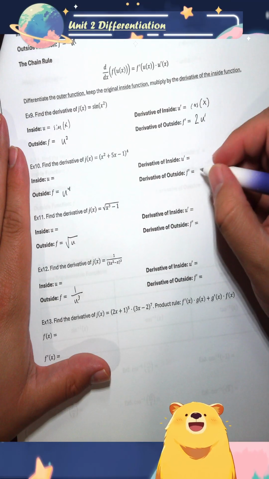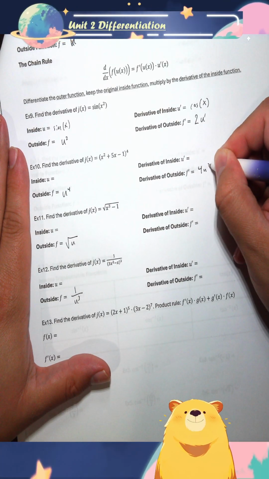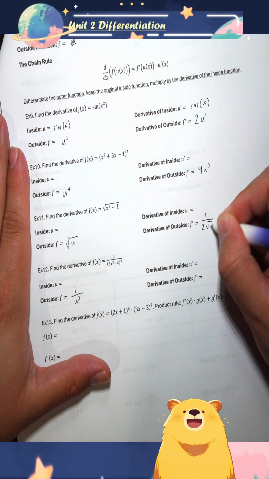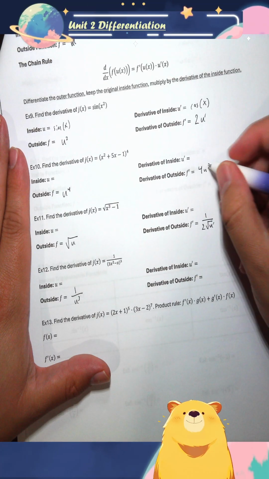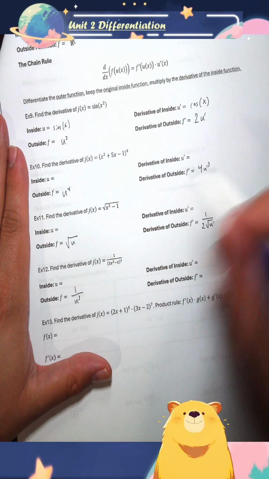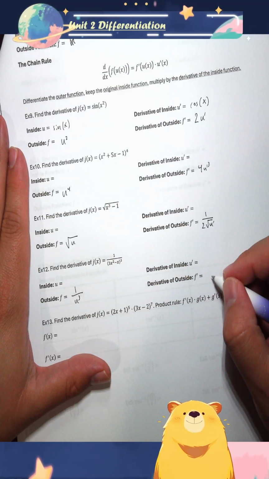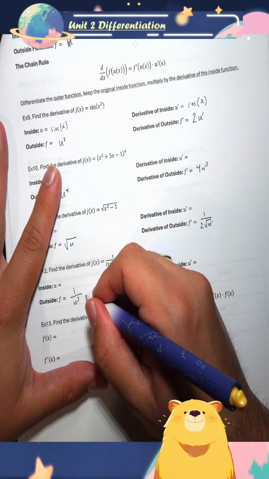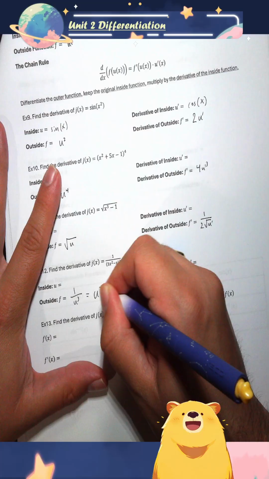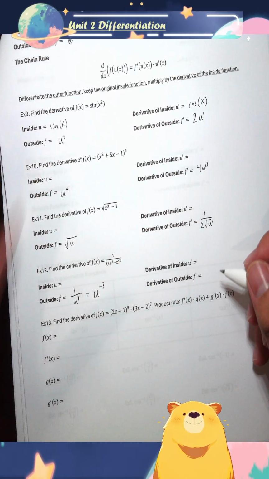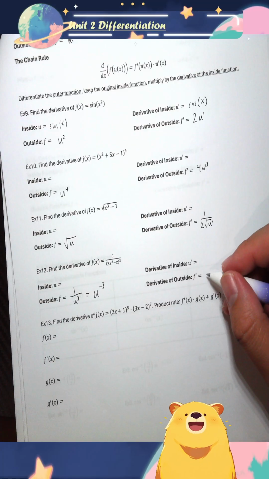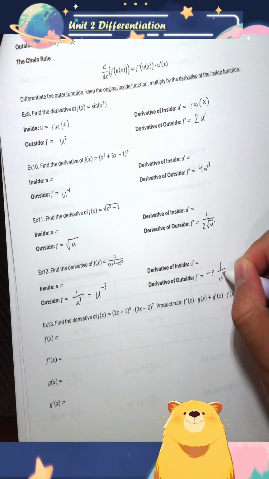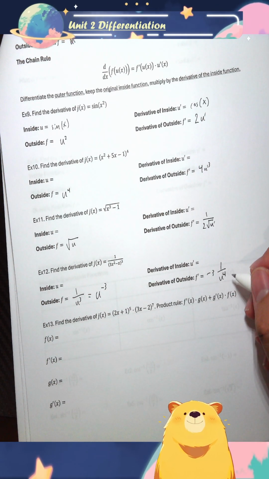Their derivatives are 4u cubed, 1 over 2 square root of u prime. And then this one is going to be, hold on. Now for my convenience, I'm going to rewrite this just so it tracks better for me. And it's going to be negative 3, 1 over u to the power of 4.